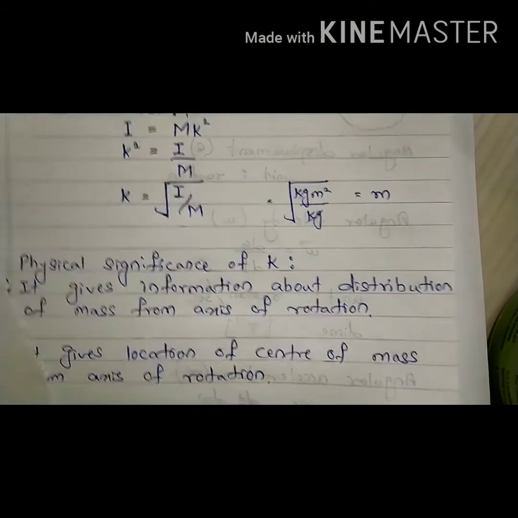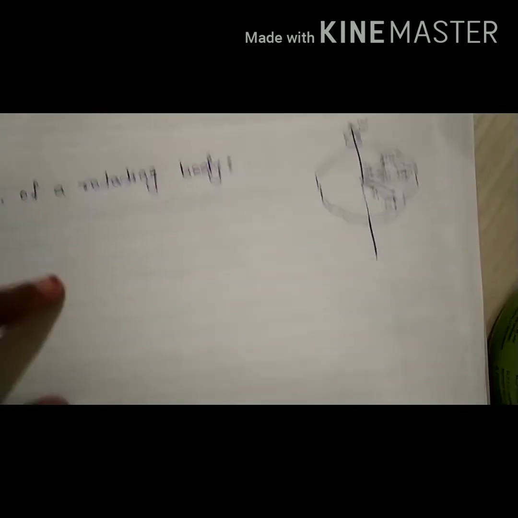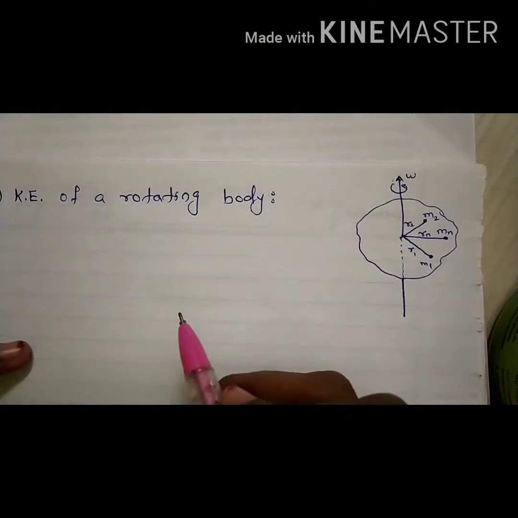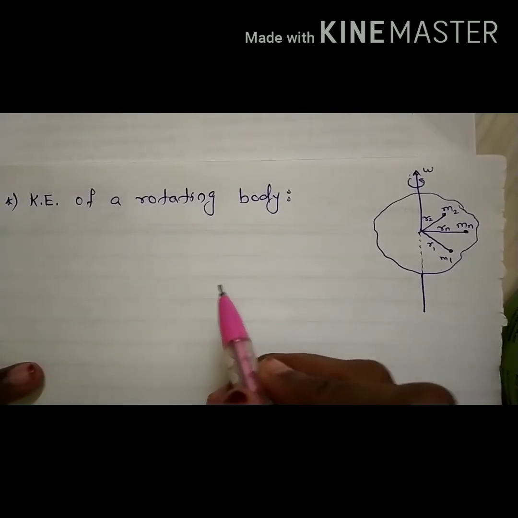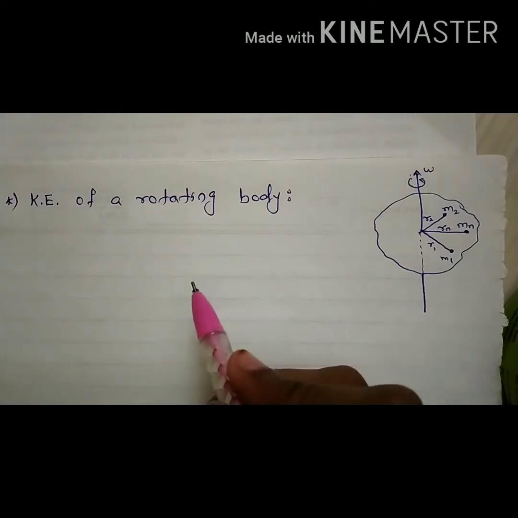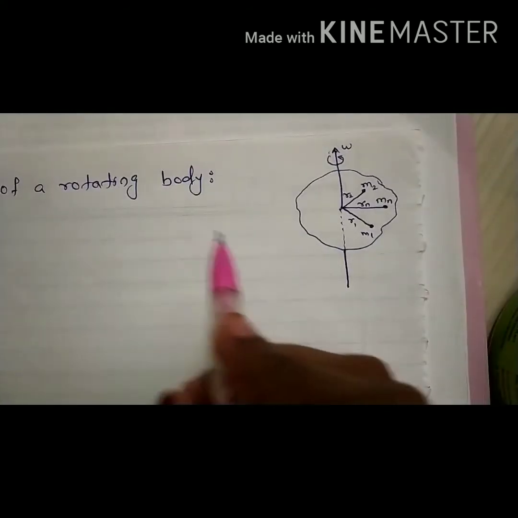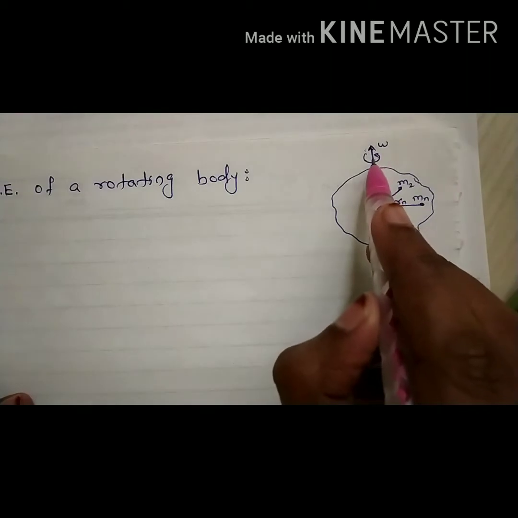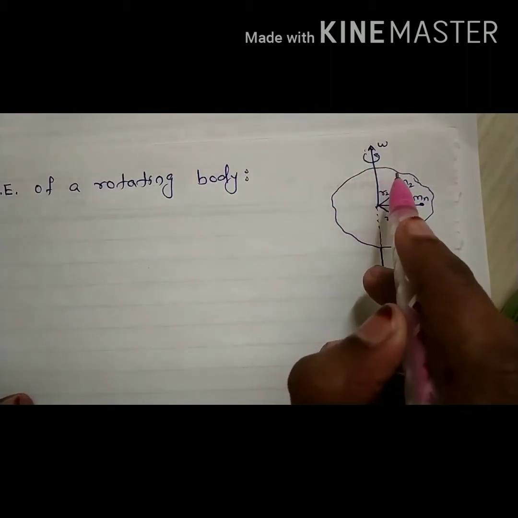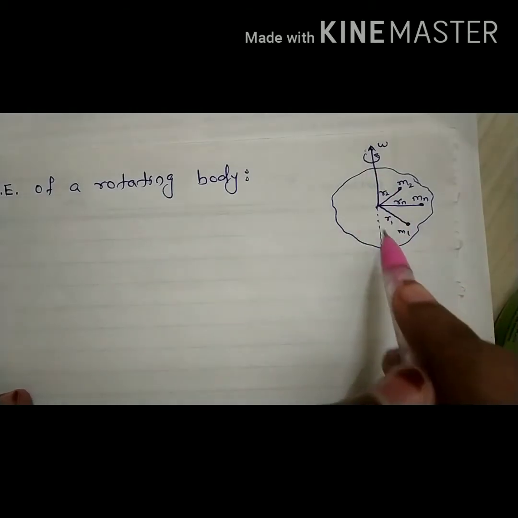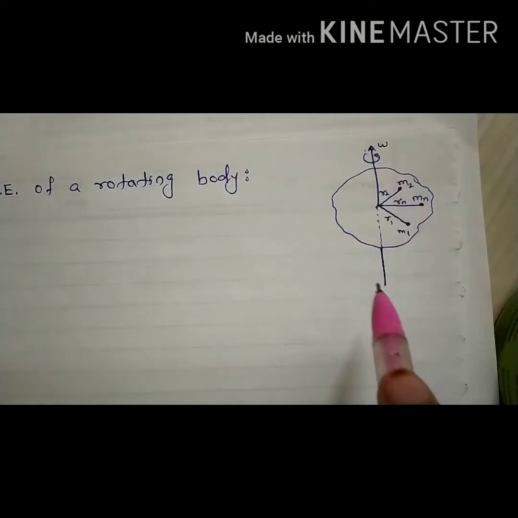Now I am going to discuss kinetic energy of a rotating body. In rotational motion, what will be the value of kinetic energy? Consider a rigid body which is rotating with angular velocity omega. An axis is passing through it, and this body is rotating with angular velocity omega.